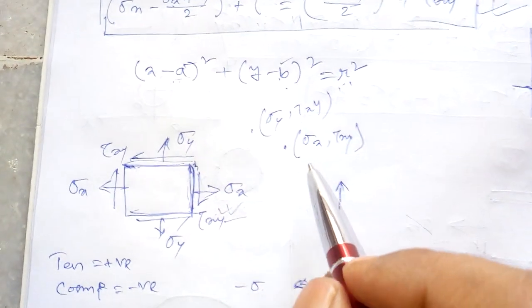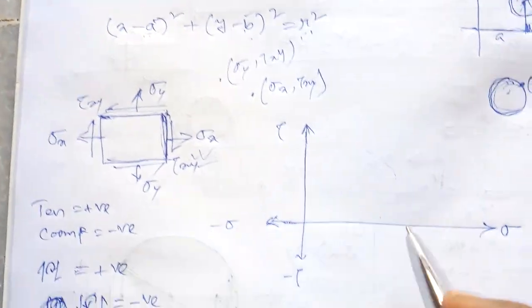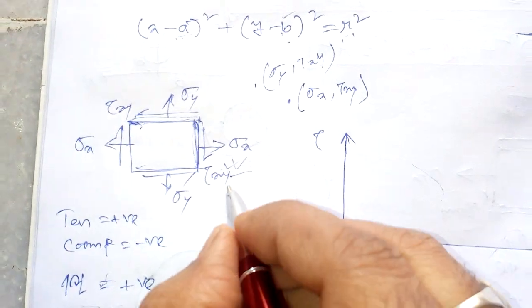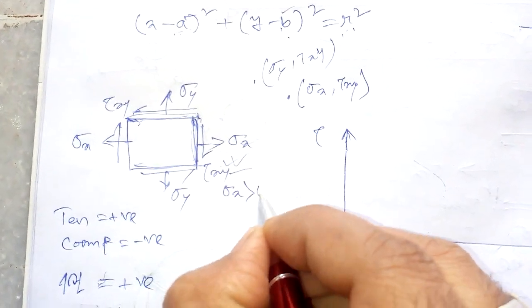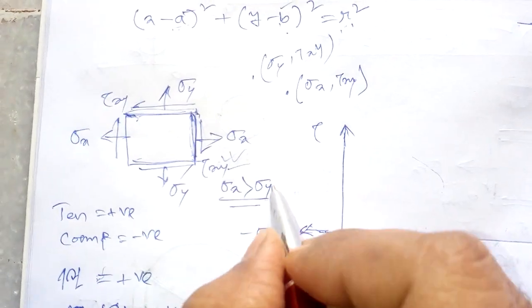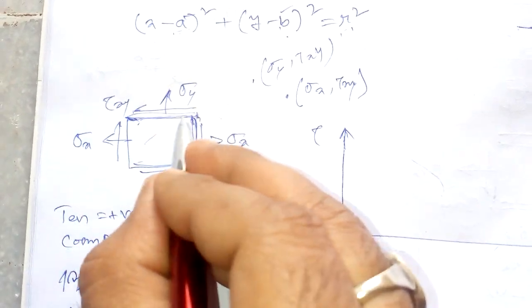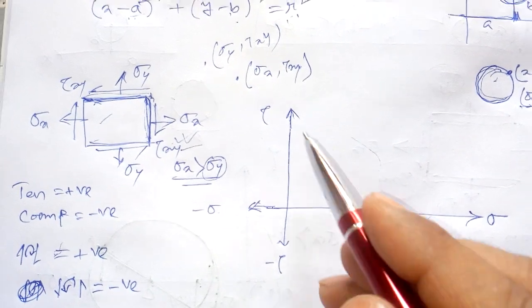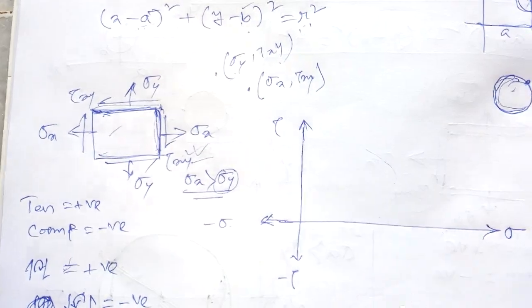Now let us find out those 2 points. First of all, suppose we are assuming that sigma x is greater than sigma y. So let us first find out the point which is giving you the stress condition of the horizontal section. So the coordinate will be sigma y, tau xy.